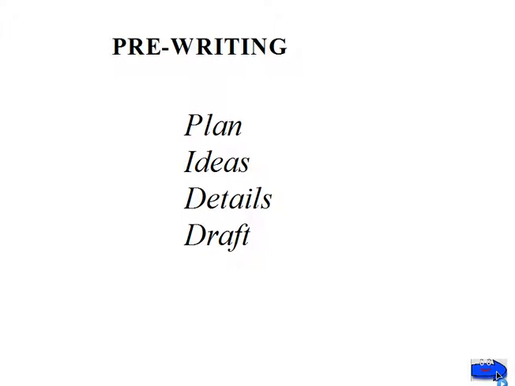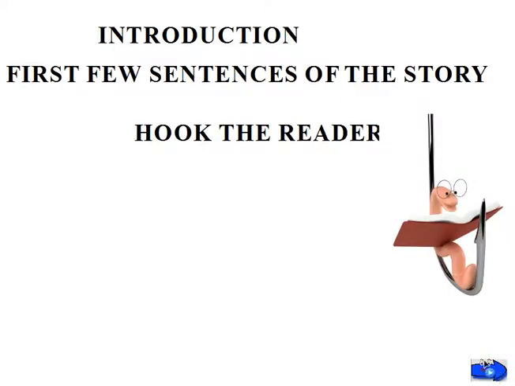It's your process, how you get the ideas. But let's remember that we said that the good story should have an introduction, the main part, and the ending or the conclusion. So let's start with the introduction, the first few sentences of the story. And the aim of these sentences is to hook the reader.